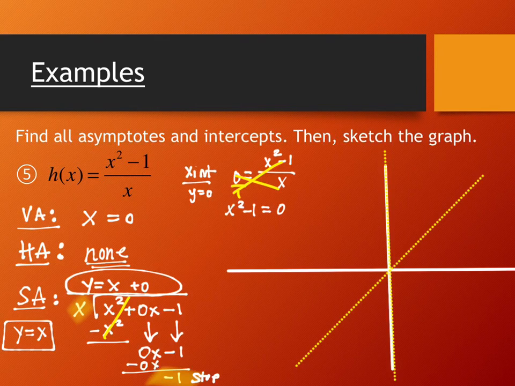You can either factor this. It factors lovely as a difference of squares, x minus 1, x plus 1. That's an option. Or because I only have one location where x is, I have x squared, but it's only in there one place. It's not an x squared and an x. If you wish, you could add this to the other side and then square root.